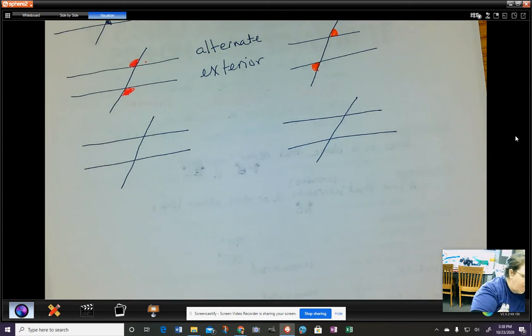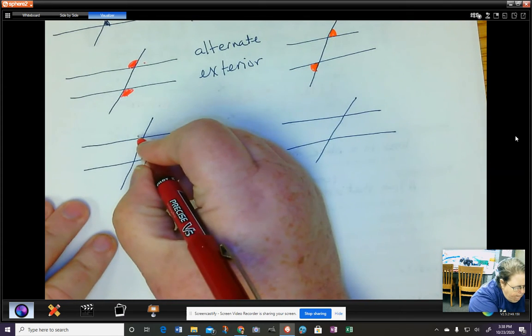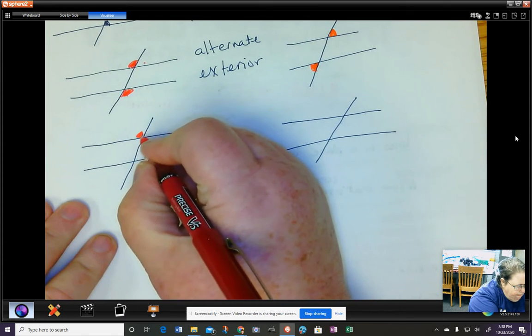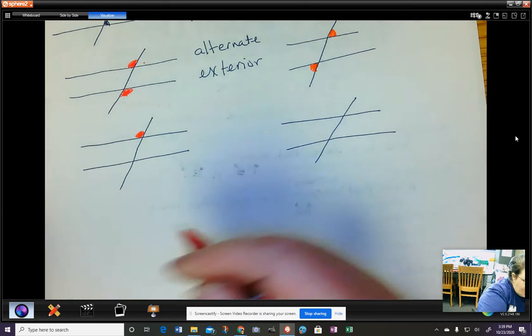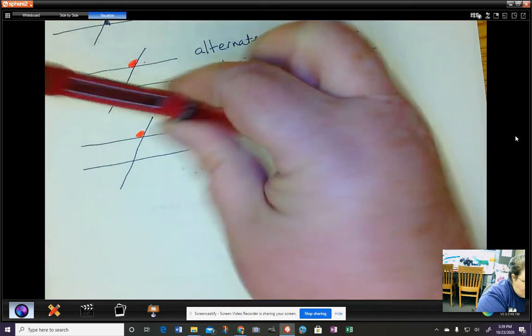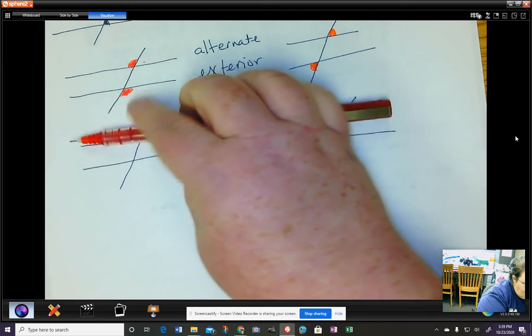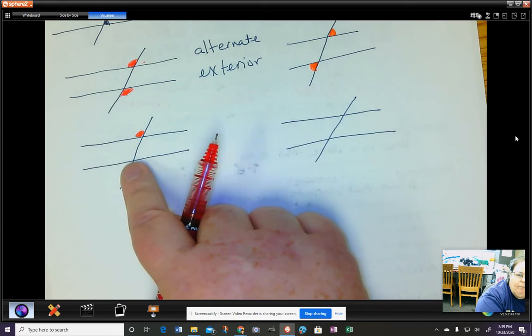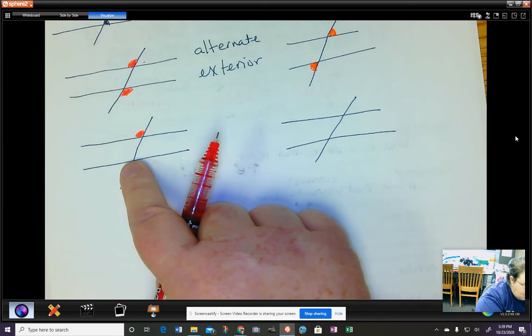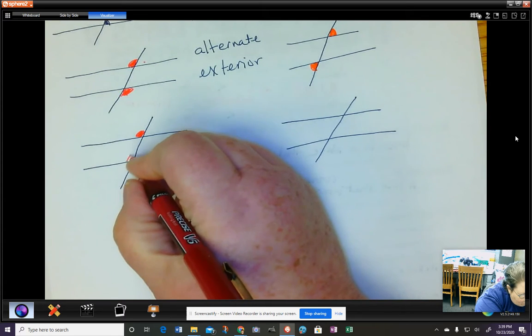Okay, corresponding angles. Okay, and there's one. If I take that angle and I slid it down, where would it look like on this line? It'd look like this one right here.